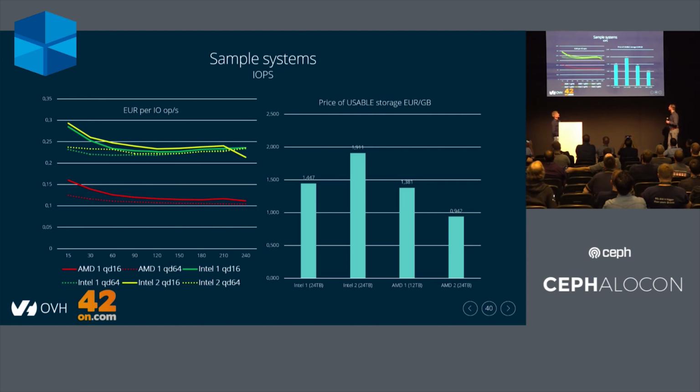For example, you can get your price per gigabyte down to below €1 per gigabyte on the AMD system. But again, it all depends on what you are targeting, whether performance or capacity. It's up to you to decide what's the important factor here.